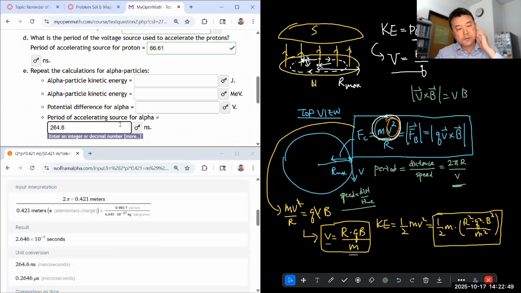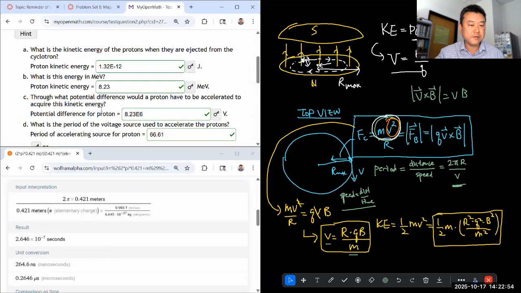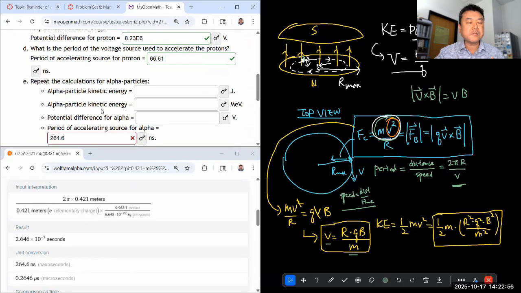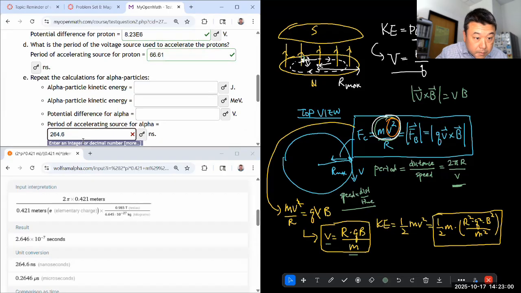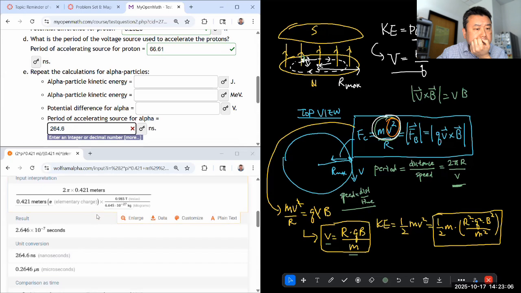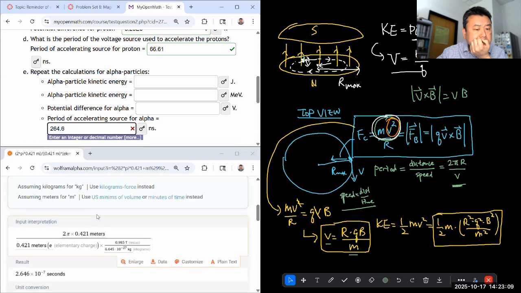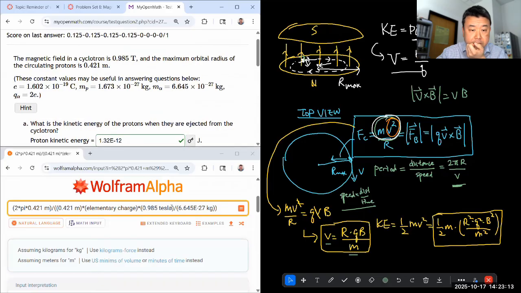Oh, right. I think a heavier particle, I don't know. Wait, why does it say that's wrong? Let me make sure I plug in the numbers right. 6.645 times 10 to the minus 27.